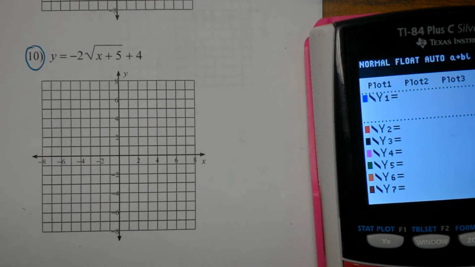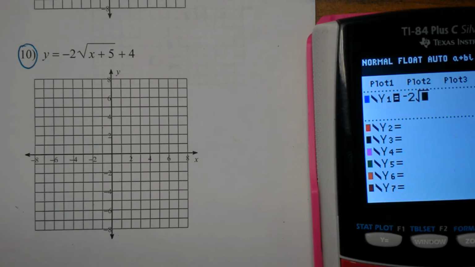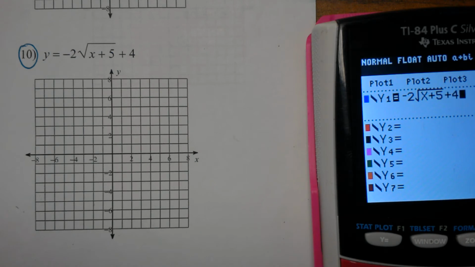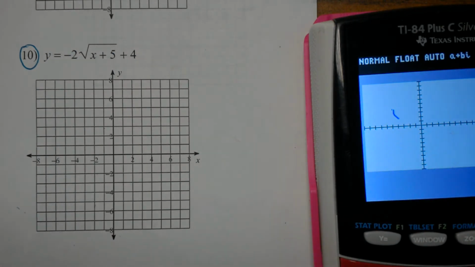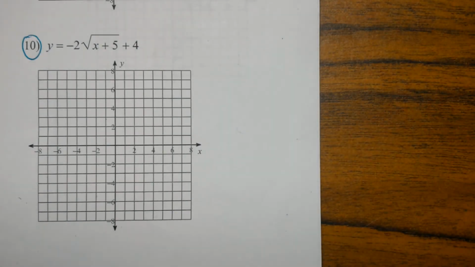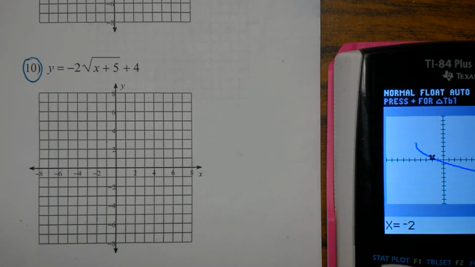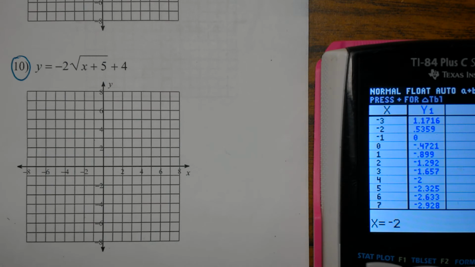So number 10, I'm going to start by putting it in the calculator. Negative 2 times the square root of x plus 5. I'm going to arrow out, plus 4. So I'm going to arrow up until I find the error.